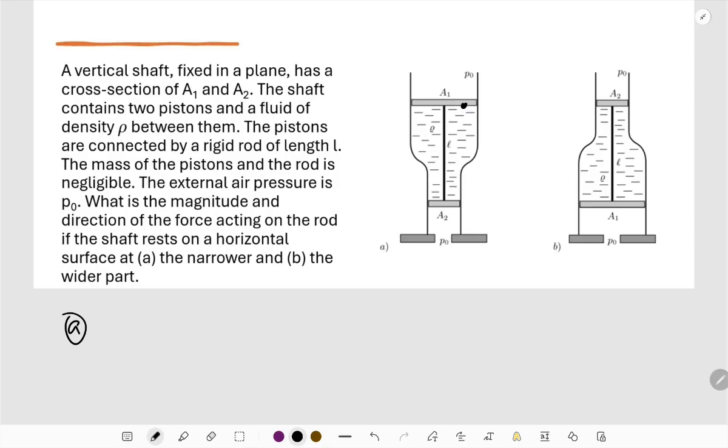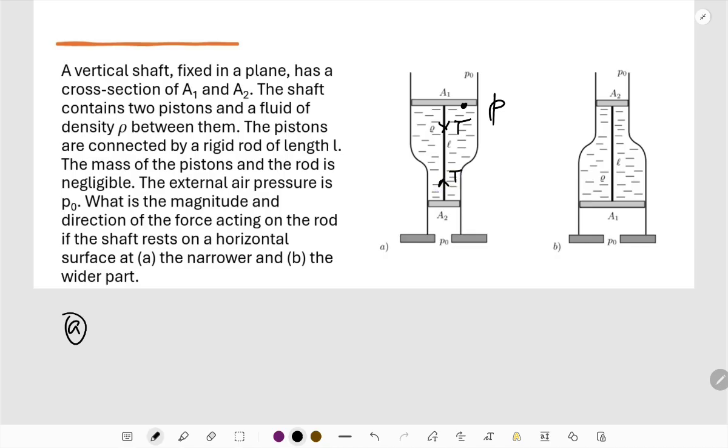Here the pressure is P, and I assume, there is nothing wrong to assume that, that the rod pulls the upper piston downwards with a force T, or if you want, you can give it another name.